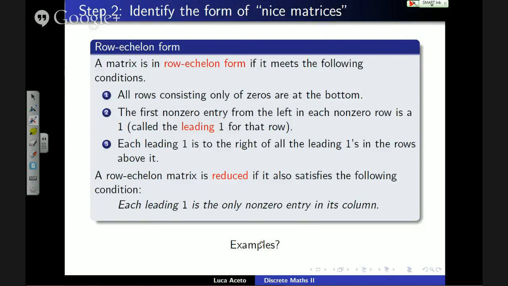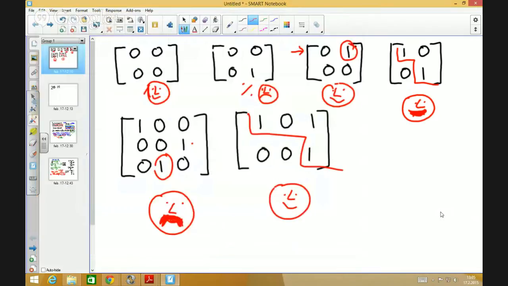So let's look back at the examples that we had before. Of the smiley ones, which ones are in reduced form? Okay, so this one is in reduced form, because it is true that each leading one is the only non-zero entry in its column.